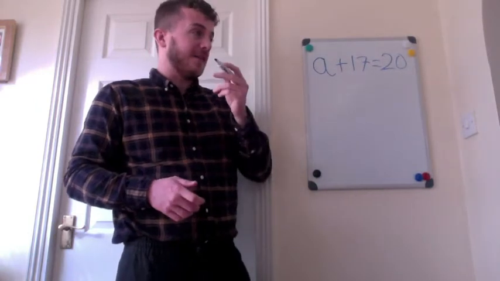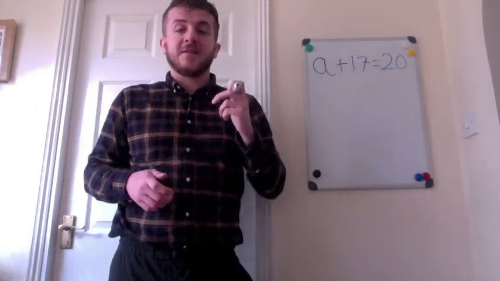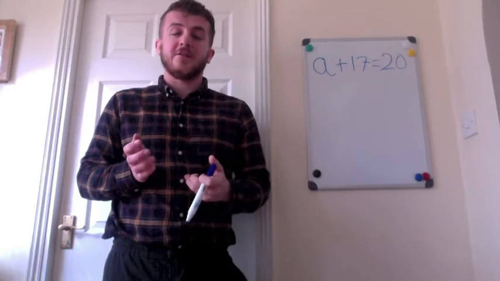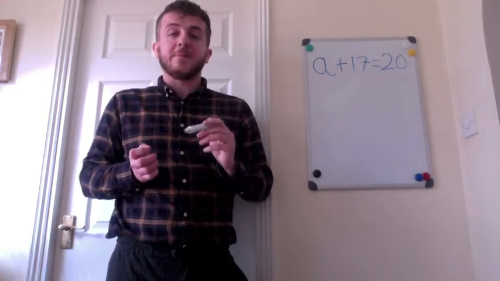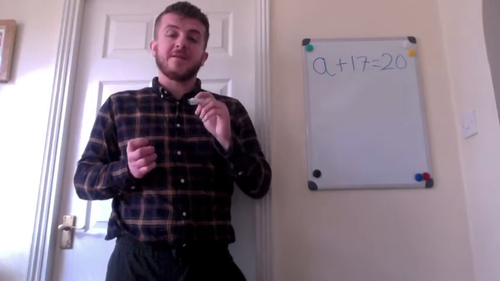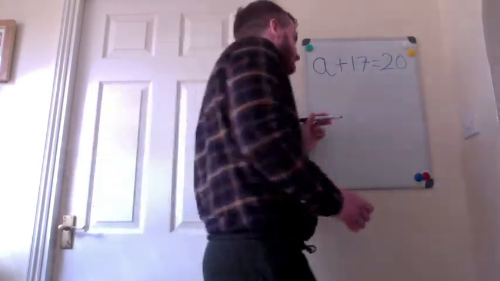So, I take the two numbers, 20 and 17, and take them away from each other to find the answer. I would start with 20 as it's the biggest number, and we always start with the biggest number when we subtract.